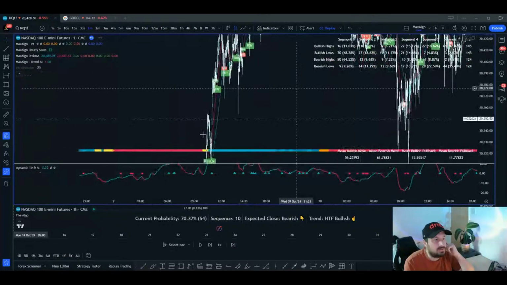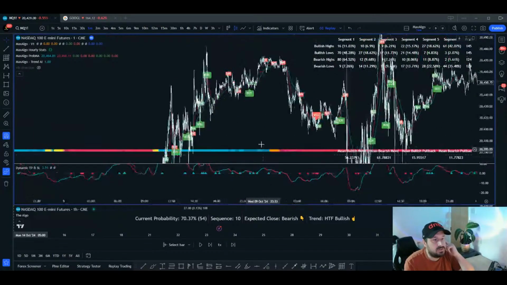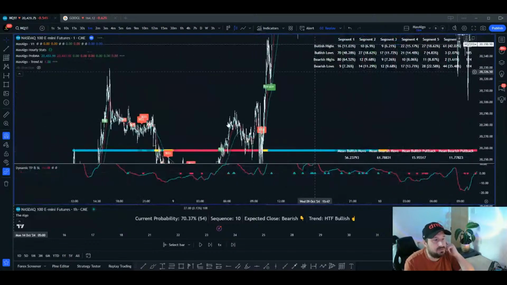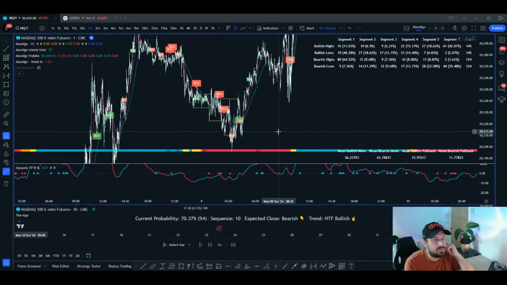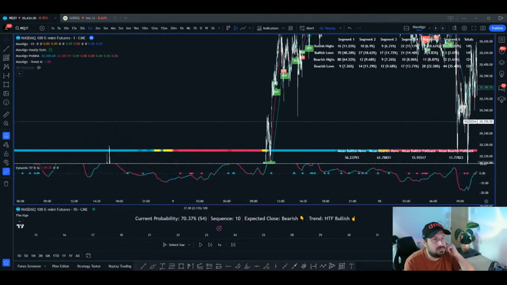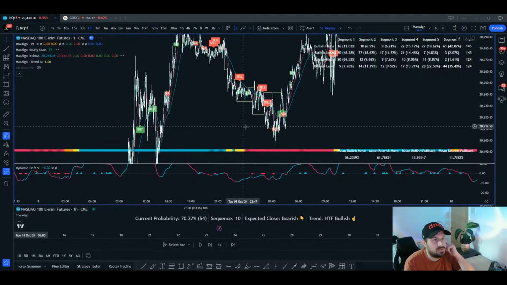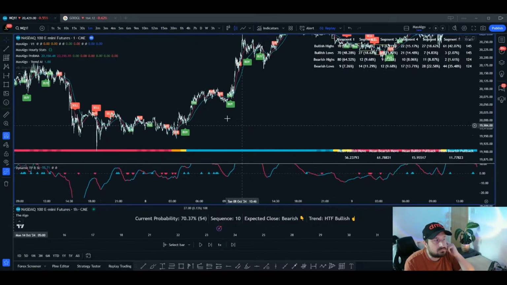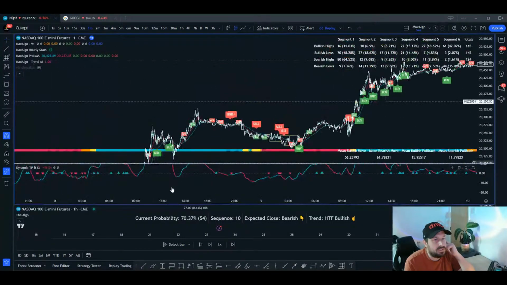So we just got transitions from bullish to bearish, right? So our transition, we go into a bullish trend, transition into a bearish. This is another payday. Transition into bullish. See you later.